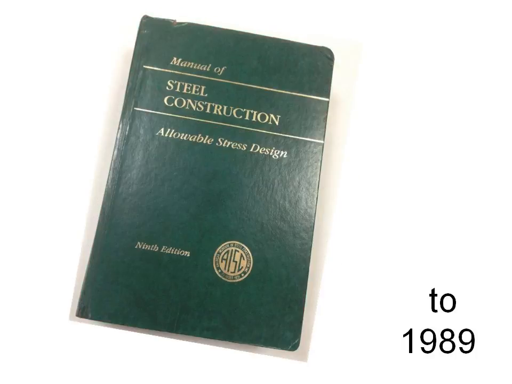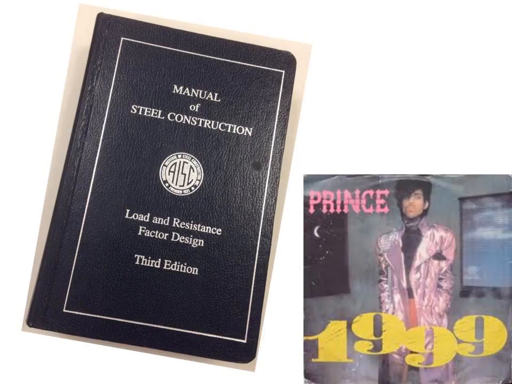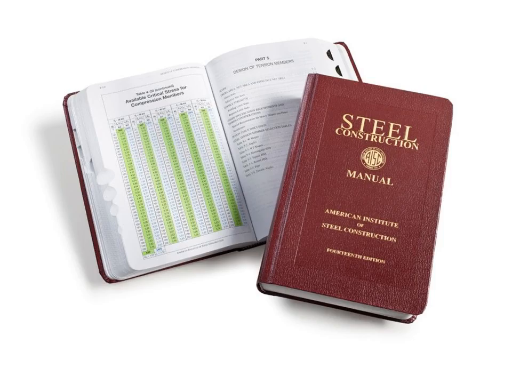Then we'll look at some refinements that occurred after that and through the 1989 AISC Specification. We'll also spend some time looking at LRFD refinements in the years leading up to partying like it's 1999. Finally, we'll look at the 2005 and 2010 AISC specifications.